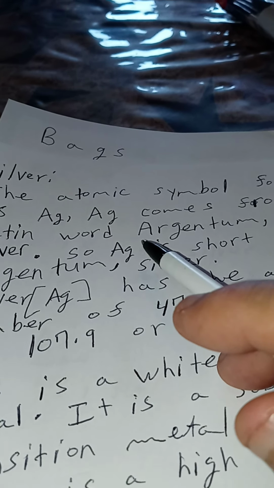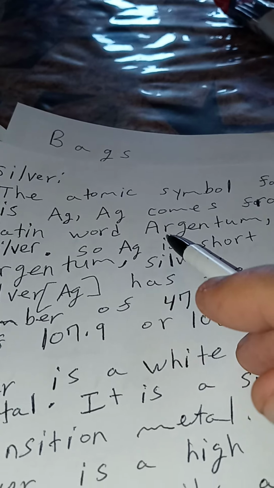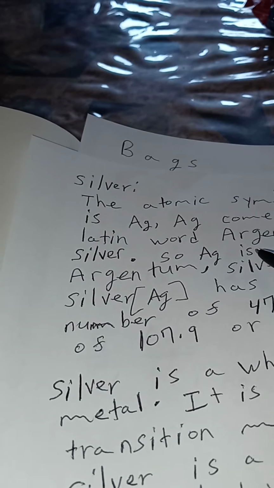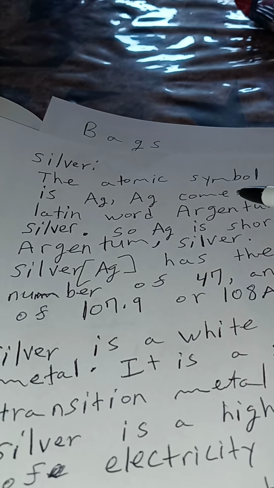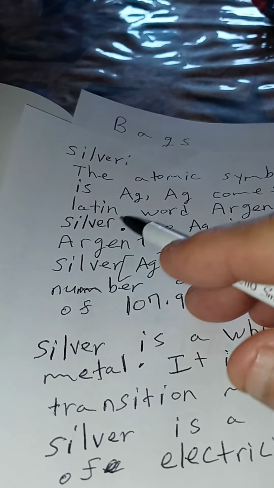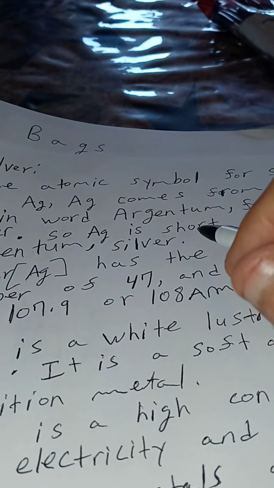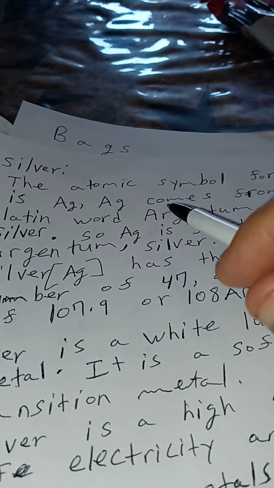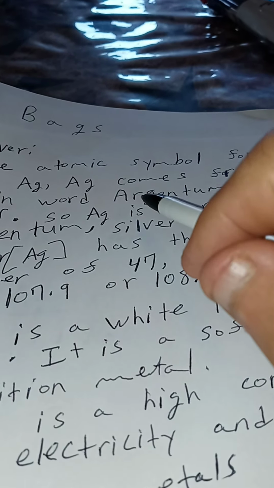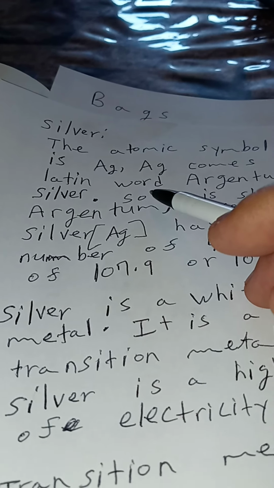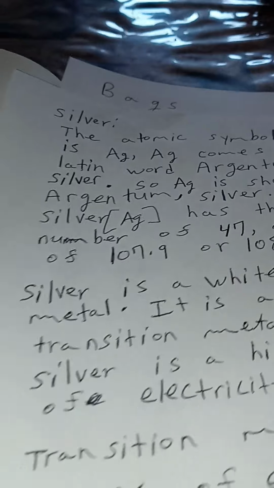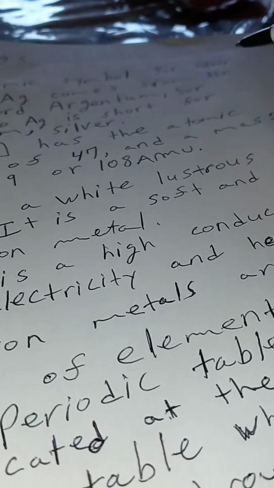You can see here that the word has a capital A and a small R. So for silver, the atomic symbol is capital AG for argentum. Do not put a capital S, you'll be wrong. It's capital A and a small G. Be careful.